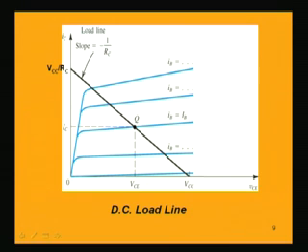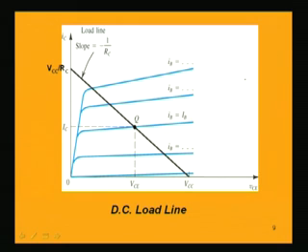So, we recall that the Q point can be determined by finding out the point where the load line is intersecting the output characteristic curve for that particular value of the DC base current. In this plot we have the output characteristics of this transistor amplifier, and it is a general characteristic.